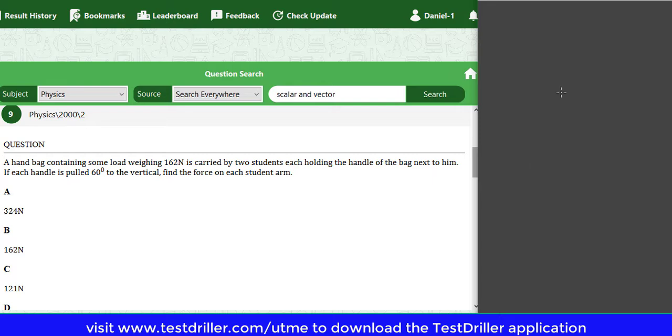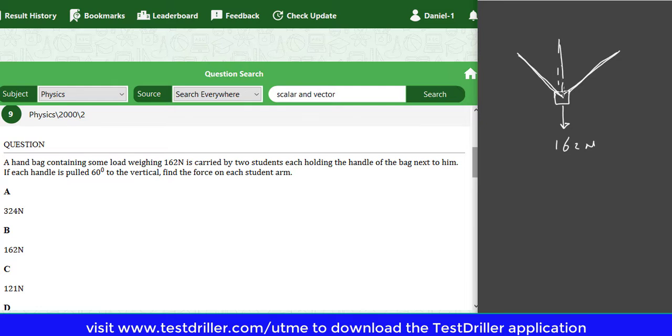So let's break it down this way. So here you have a bag. This bag weighs 162 Newton, and you have 2 students holding on to the bag. One person is holding it on the right hand side, another person is holding it on the left hand side, and they are holding it at an angle of 60 degrees to the vertical.